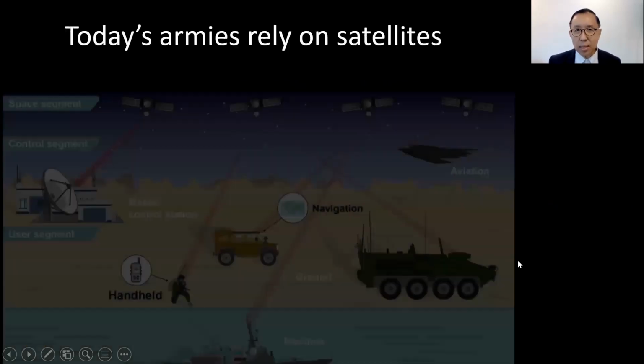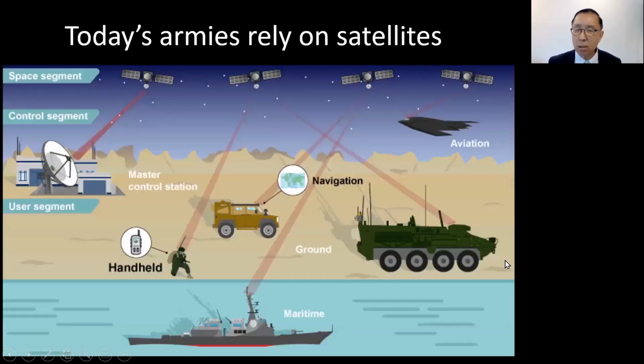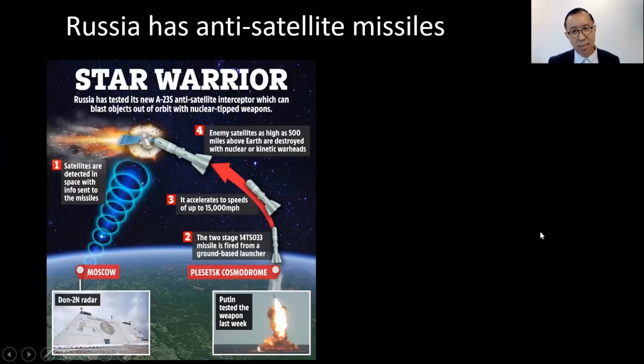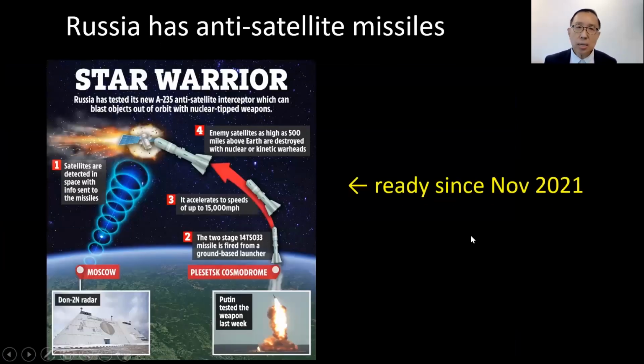And the good news is that maybe we might not see a hot war ending in a nuclear war, because today's armies rely on satellites for directing their soldiers, their missiles, their planes. And if you can take down all the satellites, it might stop the other side from even wanting to attack you after that. And just last November, Russia perfected and put into operation their Star Warrior system. What is this?